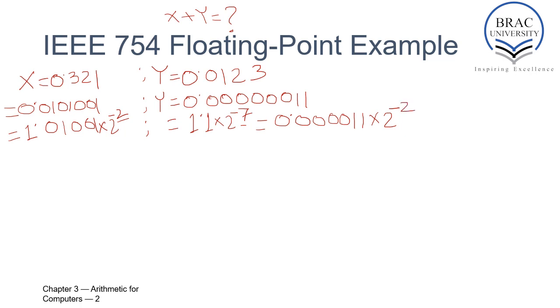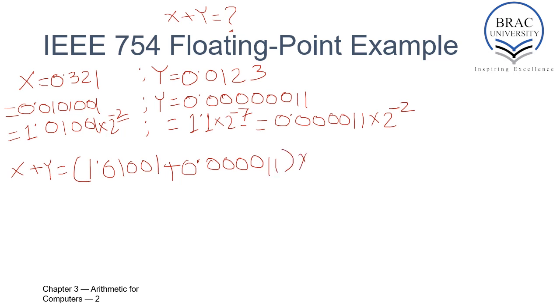Now x and y both have the same exponent, so we can perform x plus y, which is 1.01001 plus 0.00011, and the exponent is 2 to the power minus 2.